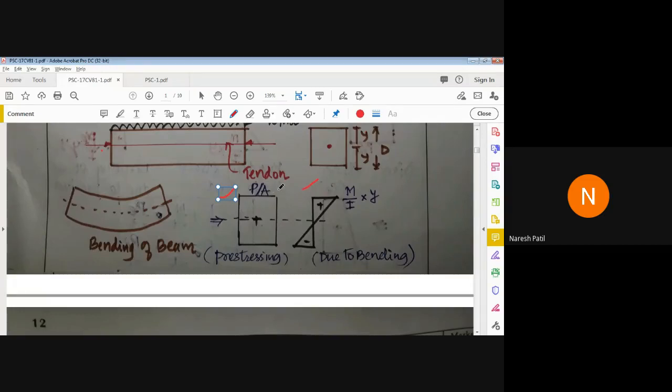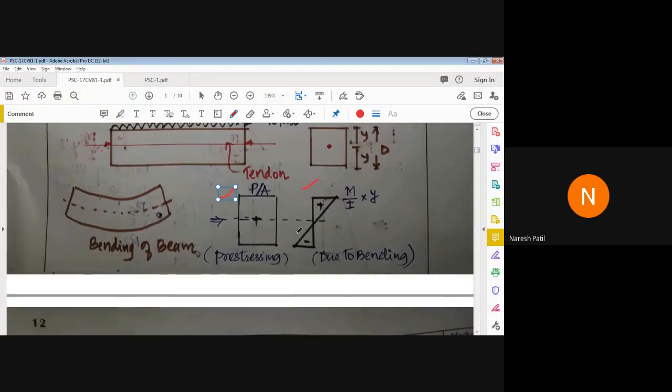First, due to the pre-stressing force P, it is called direct pre-stress, which is P by A. And we can see that at the top we have plus and at the bottom we have minus. This is due to bending. This is direct stress and this is bending stress.